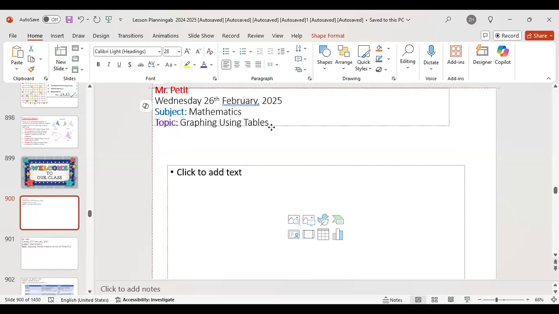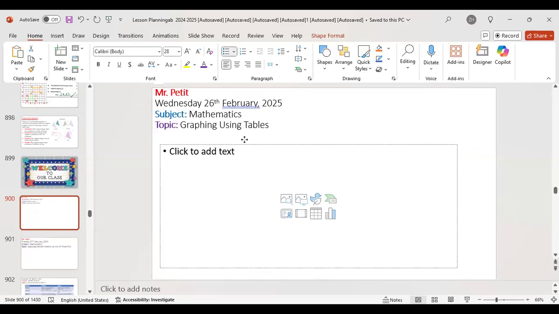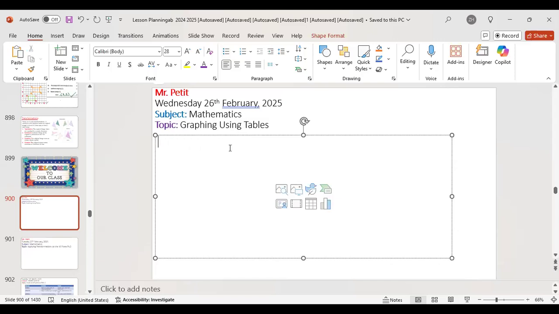So let's go ahead and outline what we have. So we have: copy and complete the following table. Again, copy and complete the following table.